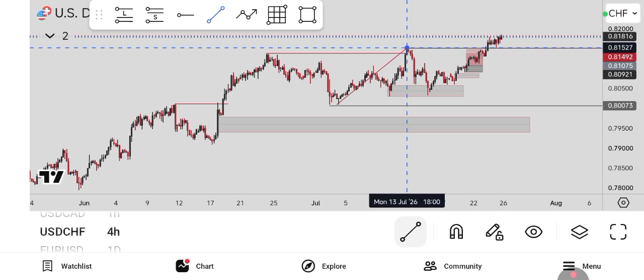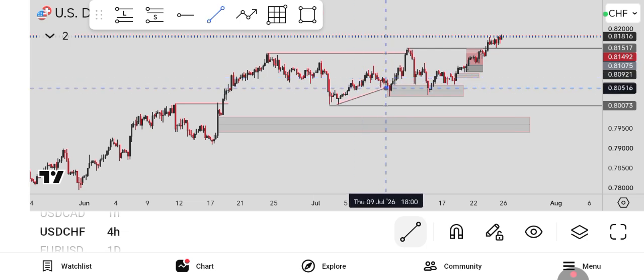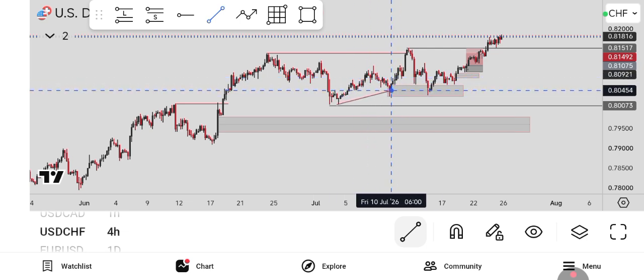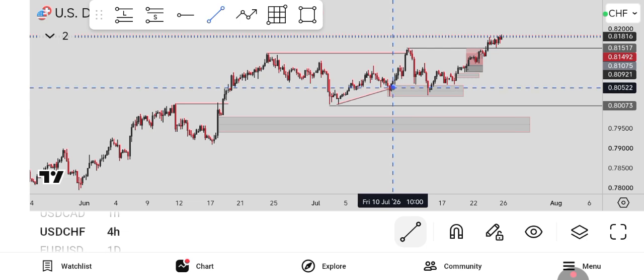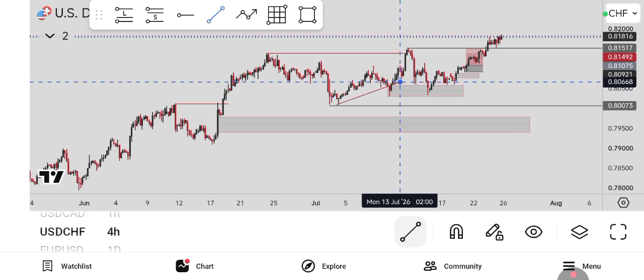So all I have to do is look for a key level. You might call it anything. Some people call it supply, demand, or whatever other block, whatever you want to call it. But I know that it is a point of interest that you are expecting the market to react from or reverse from.